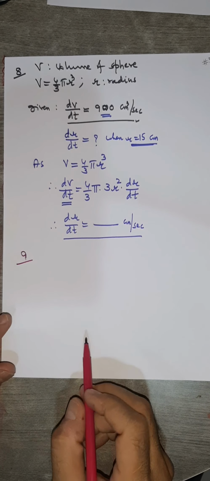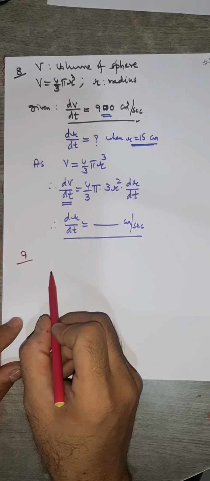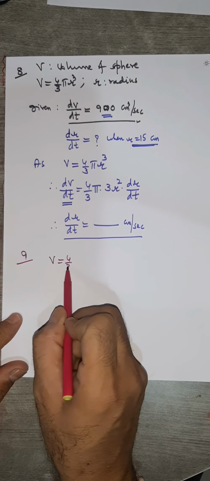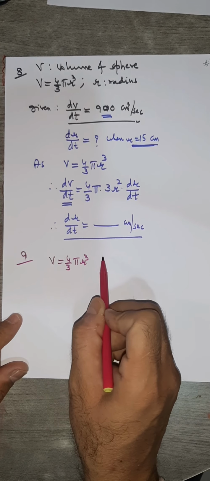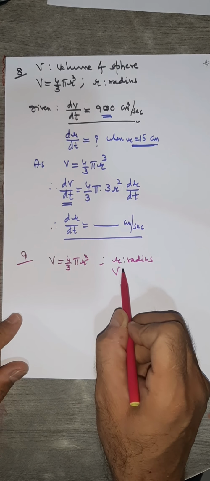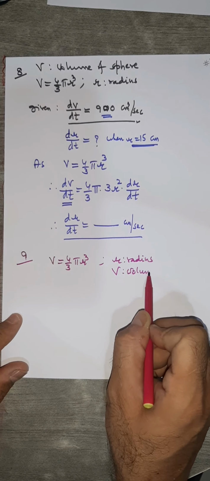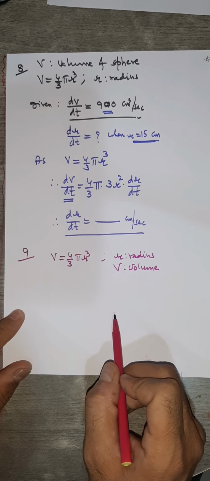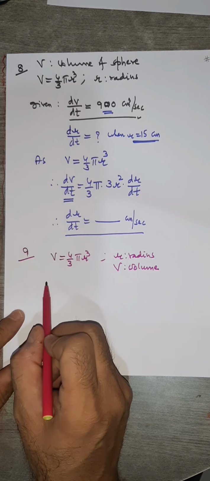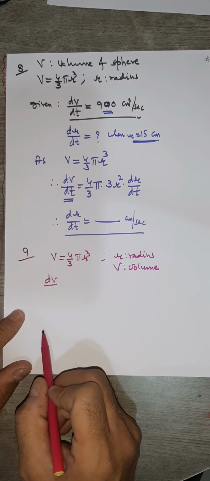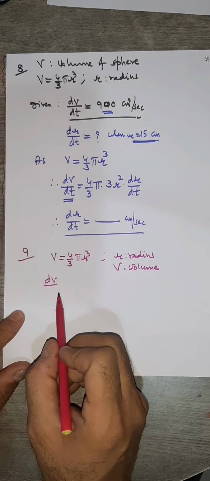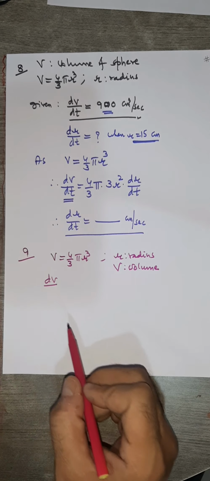Next question, which is just like the previous one. There the volume of a sphere is 4 by 3 pi r cube, as we know, where r is the radius of the sphere and V is the volume. Now here the question is to find the rate at which its volume is increasing, that is the change in the volume with the radius, when the radius is 10 centimeters.